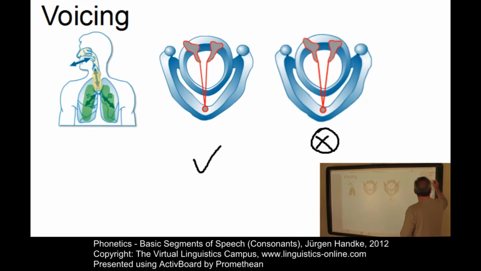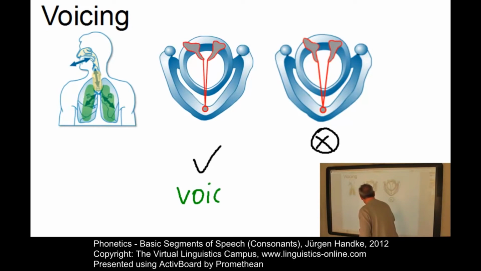Now, speech sounds or consonants that are produced with the vocal cords vibrating are referred to as voiced, and speech sounds that are produced with the vocal folds that are apart are referred to as voiceless.